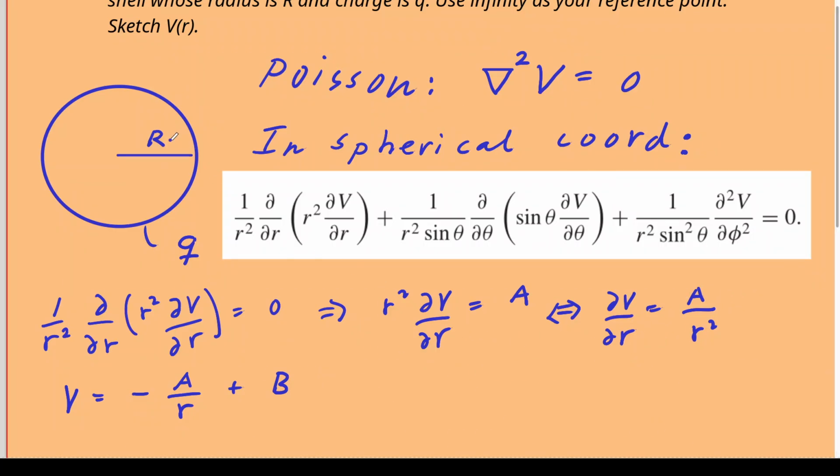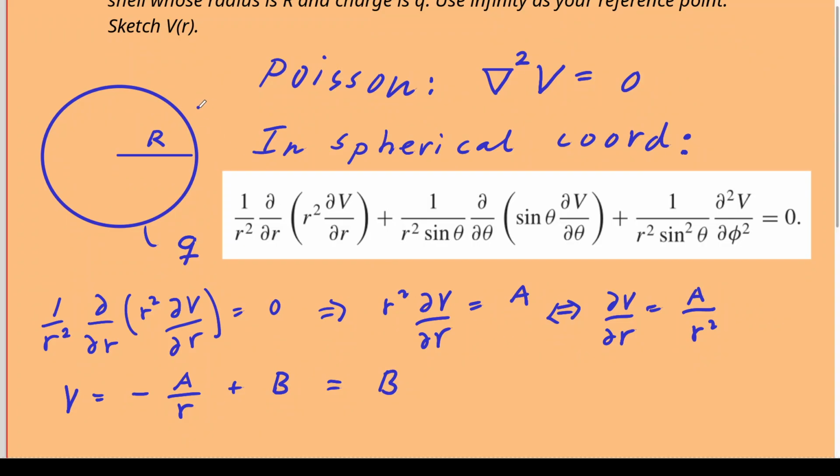If you take the derivative of this, you will get that. So let's take a look first and solve inside the spherical shell. Obviously a must be 0, because we have to be able to describe the potential also when r equals 0. So in that case, it will be b.